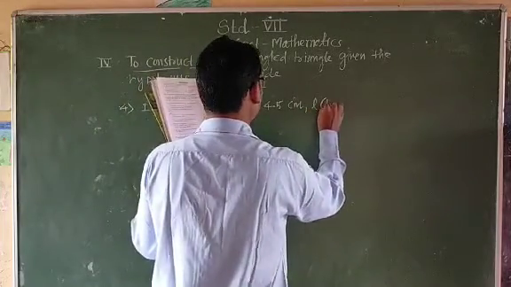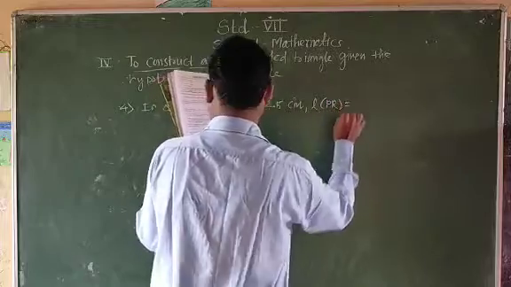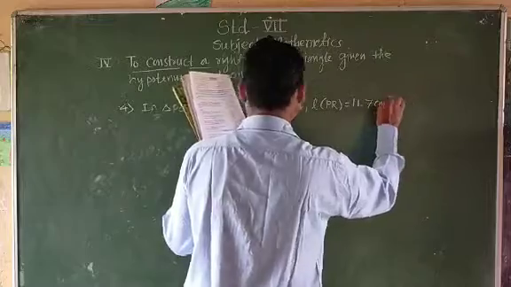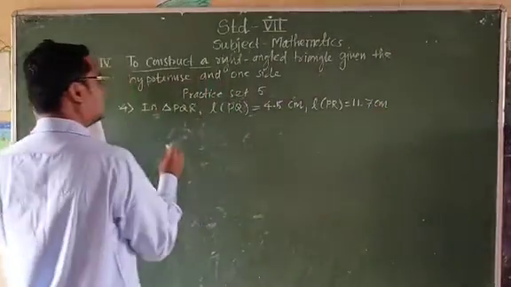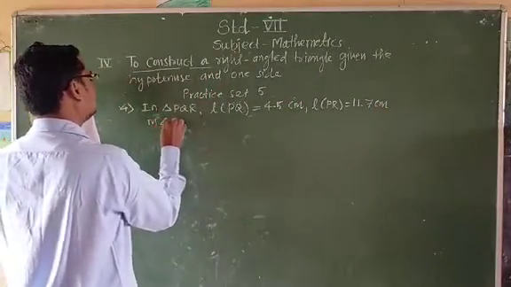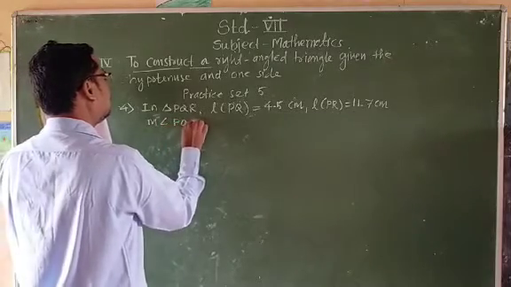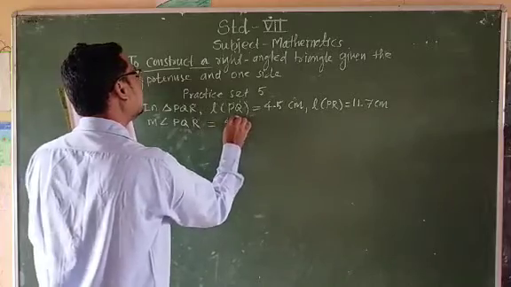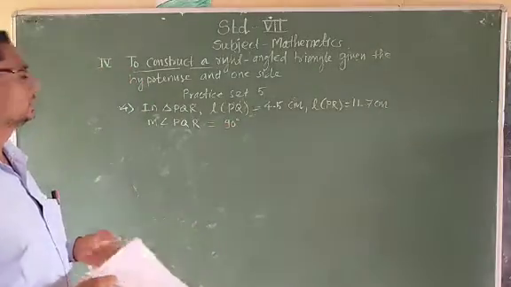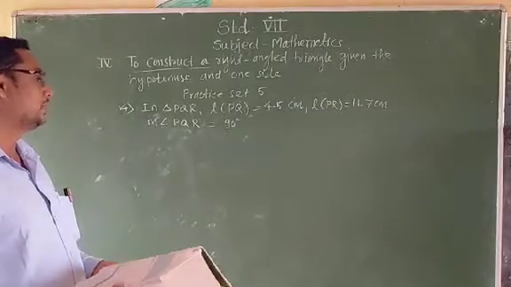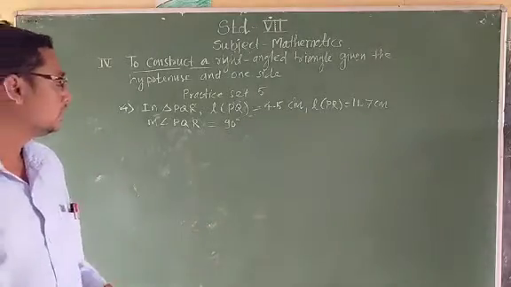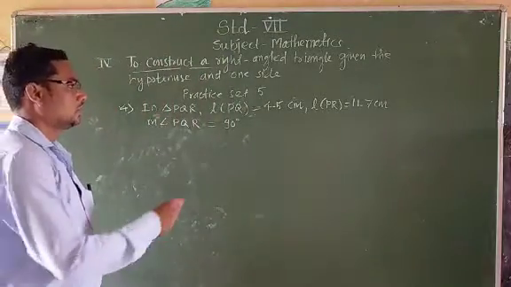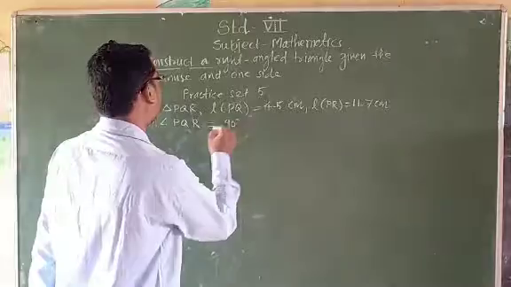Length of PR equal to 11.7 centimeter, and measure angle PQR. Measure angle PQR, that is a 90 degree. Okay. Measure angle PQR. How much given? 90 degree. Okay.